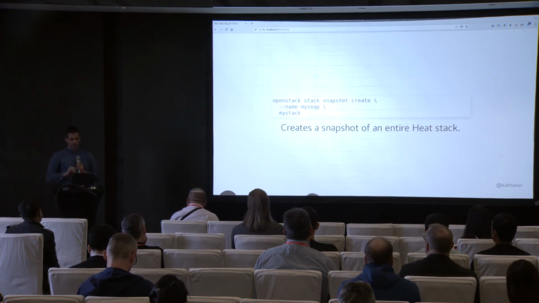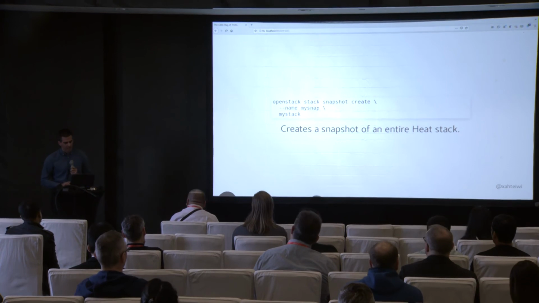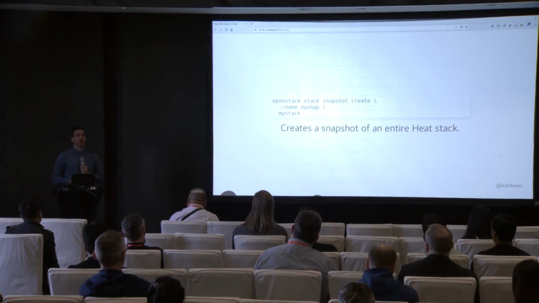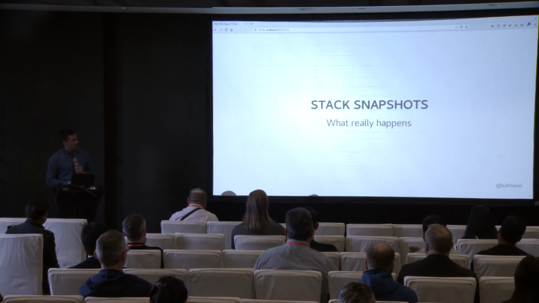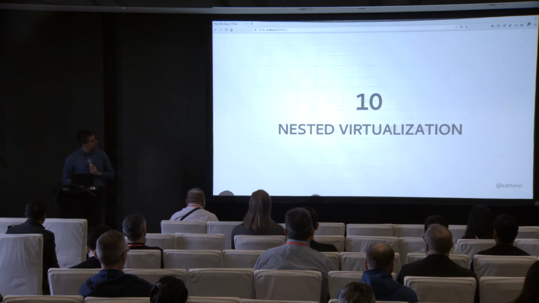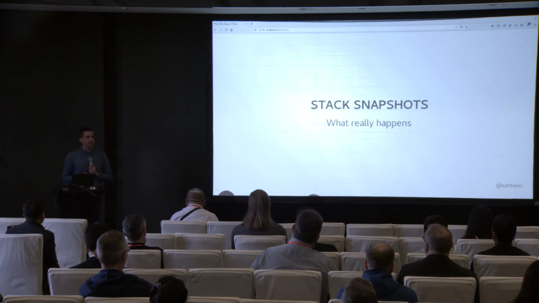And you might think it also creates a snapshot of every Cinder volume, which is not quite what it does. So if you do a stack snapshot for all of the VMs that you have running in there, it does indeed create a snapshot.